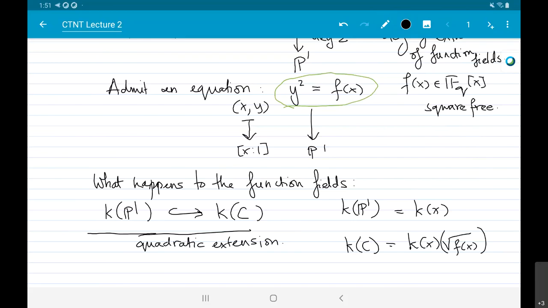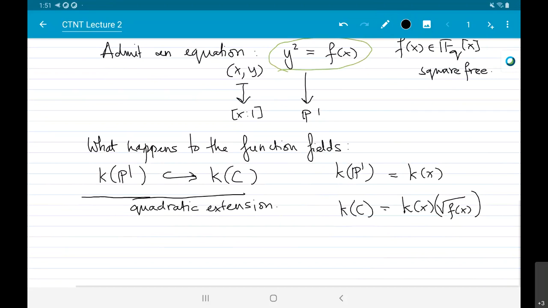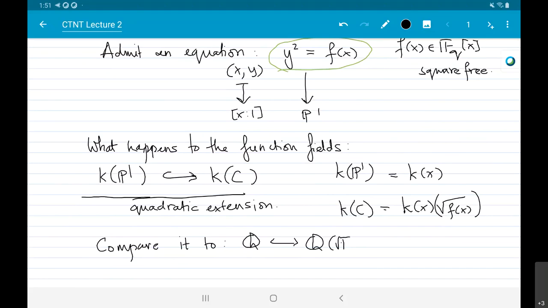This is the corresponding extension of function fields. You can compare it to the corresponding extension Q inside Q(square root of d), where d is some fundamental discriminant, or some square free integer, whatever.